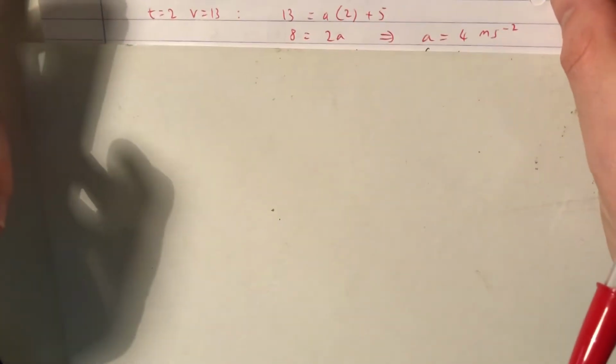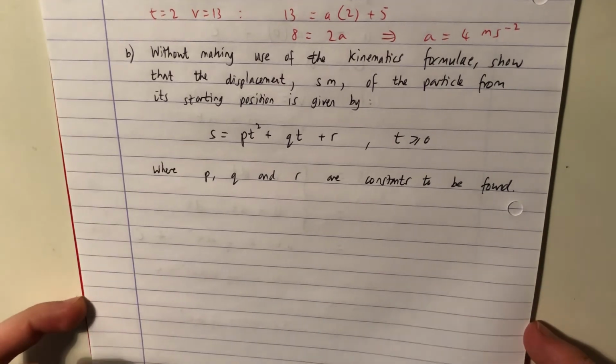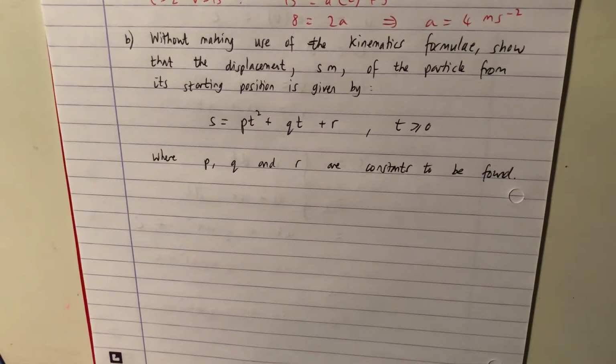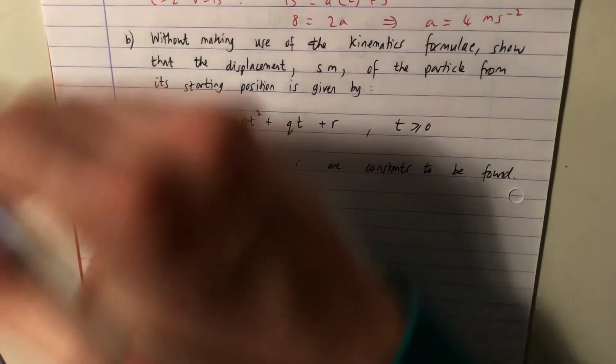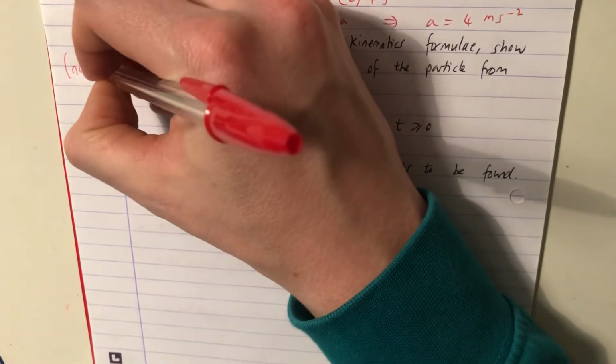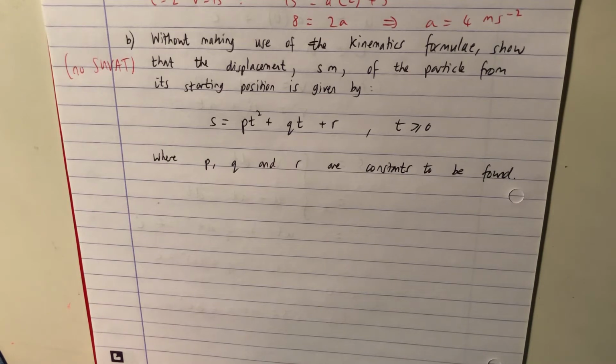Okay, part B. This is what a question would be worded like if you couldn't use SUVAT. So it says, without making use of the kinematics formulae, that's the fancy word for no SUVAT, show that the displacement s of the particle from its starting position is given by this formula, where p, q, and r are constants to be found.